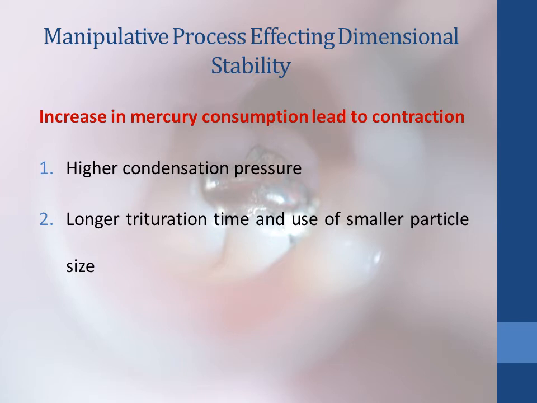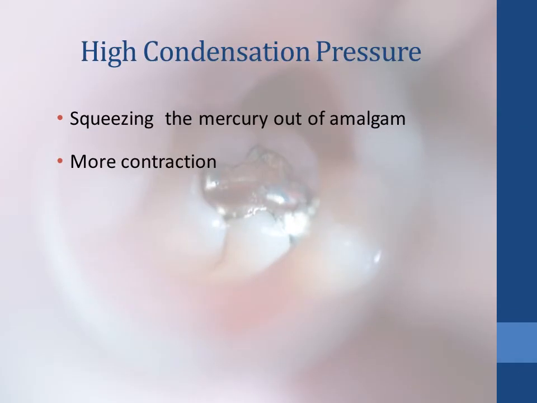Longer trituration time and use of smaller particle size are all different factors that can lead to contraction within the alloy. High condensation pressure actually squeezes the mercury out of the amalgam and hence leads to contraction.